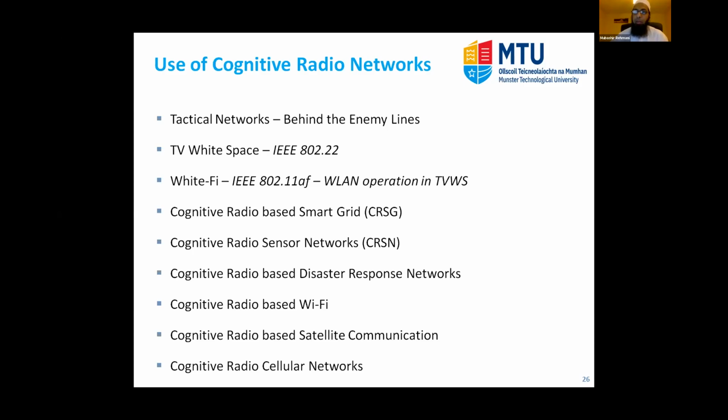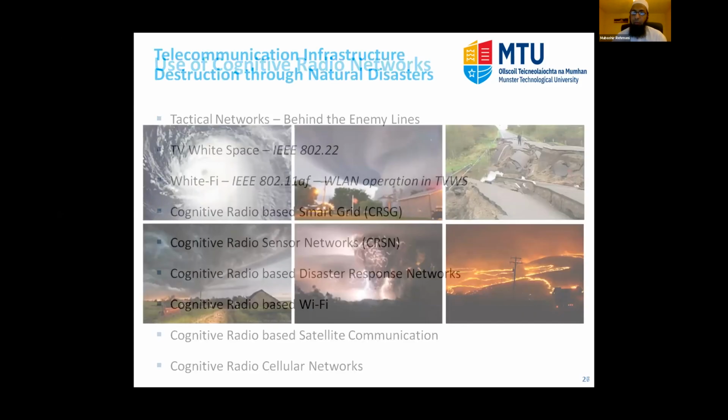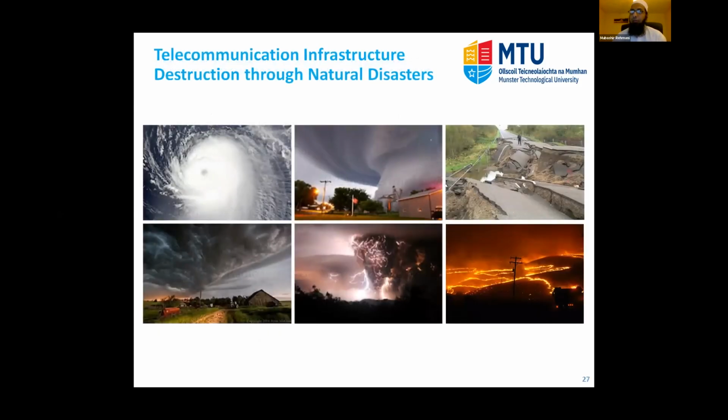So the whole military is dependent upon these cognitive radio devices for their communication. And there are other applications as well. For example, you can use cognitive radio in smart grid, in sensor networks, even in cellular networks, and in Wi-Fi networks as well. Cognitive radio networks have another application when you have natural disasters like floods or earthquakes or other types of natural disaster events. Then your communication infrastructure gets destroyed.